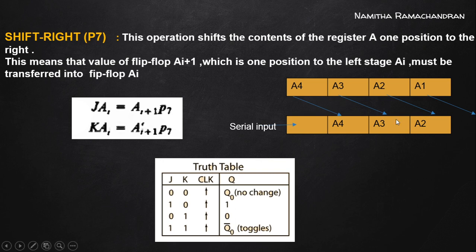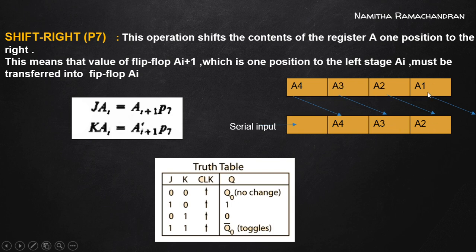For performing this particular operation, the Boolean functions are given like this: JAI equal to AI plus 1 and P7, where P7 is the control variable, and KAI equal to AI plus 1 complement and P7. From this it is clear that after shifting right one bit, each position is filled from one position back in its previous state.